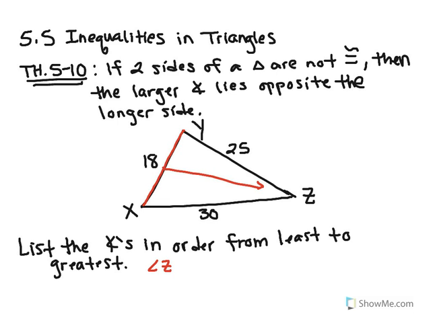I'm going to take a look at the second largest side, which is YZ, and the angle opposite of that is angle X, so that would be the next largest angle. And then the longest side is a length of 30, and the angle opposite of that is angle Y. So that's how we're going to look at this theorem and how we can use it.